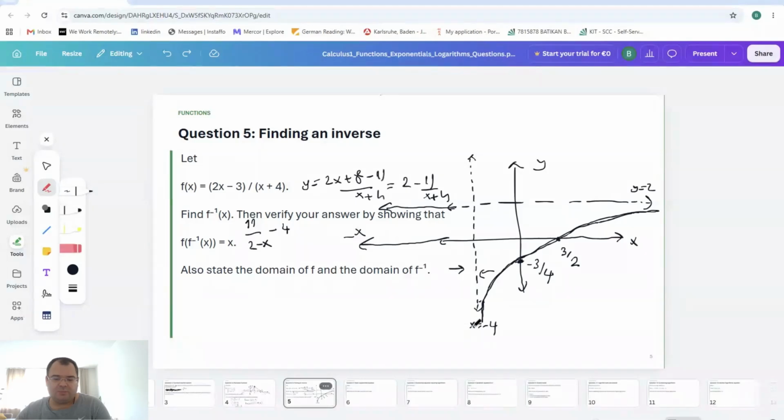When you approach this x equals minus 4 from the left direction, you are essentially giving, for example, minus 4.00001. So it will end up with a very small negative number, and you have a very small negative number in the denominator.